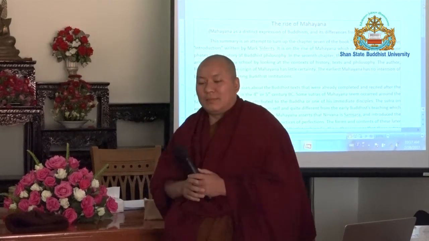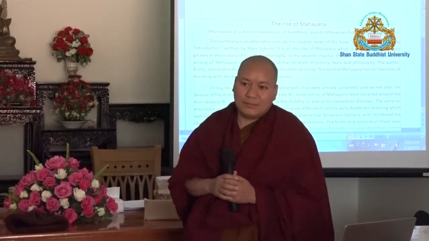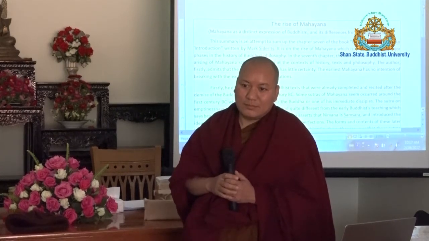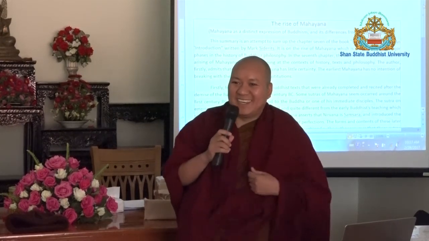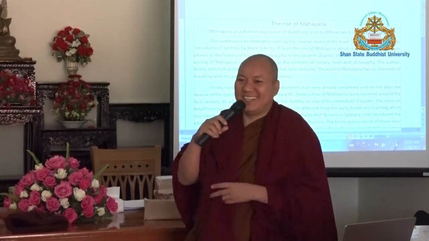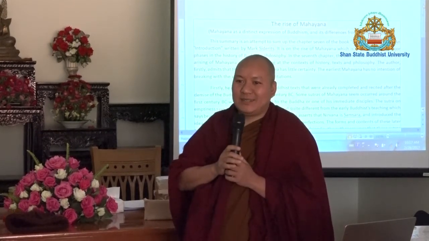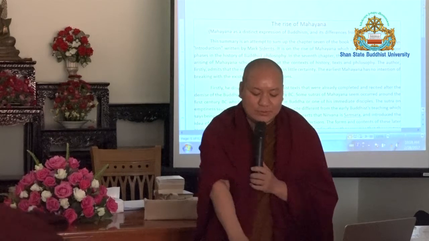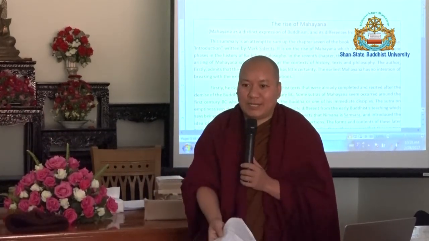One question. When you mention Mahayana, Nagarjuna and Vasubandhu are not the same idea. I didn't mention Nagarjuna or Vasubandhu. I said Nagarjuna was the founder of Madhyamika. According to the author, he doesn't mention that Vasubandhu or Nagarjuna were the founders.